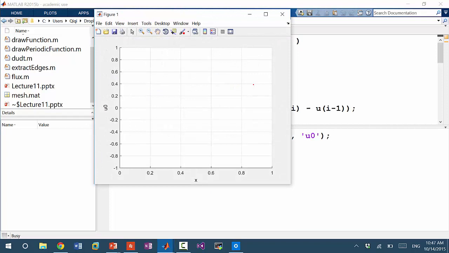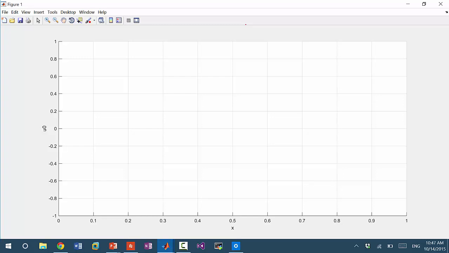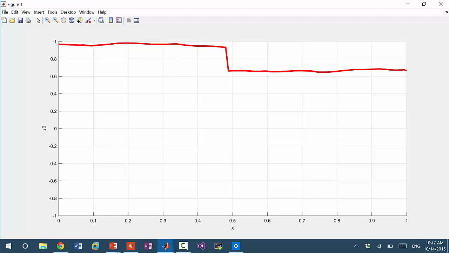Just to remind you of the problem, let me draw an initial condition for the Burgers equation. Let's construct an initial condition like this. It's almost a 1 and goes down to about 0.7 and is constant over here. That's our initial condition.